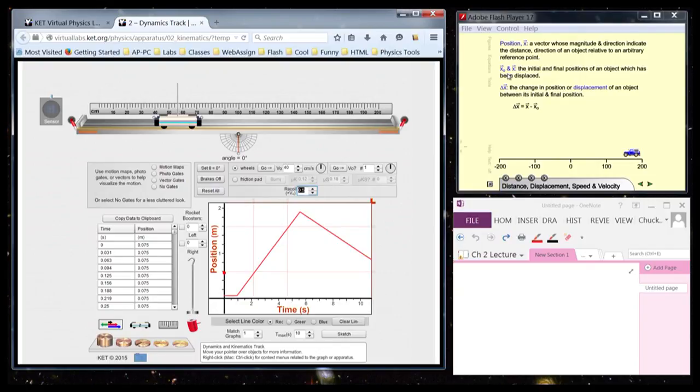We very often have an f on the final position, but it's also very common if it's the final position, just don't put a subscript there at all. There are positives and negatives of that, but this is more typical to do. And the one reason we do that is very often the original position will be 0, so you can just say x, and so that actually represents the entire displacement. Delta x is x final minus, in that case, 0, so x final is just x. Okay.